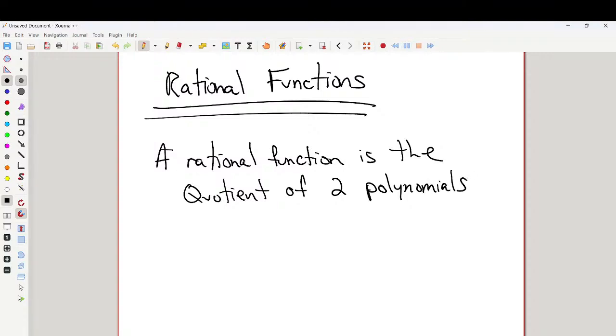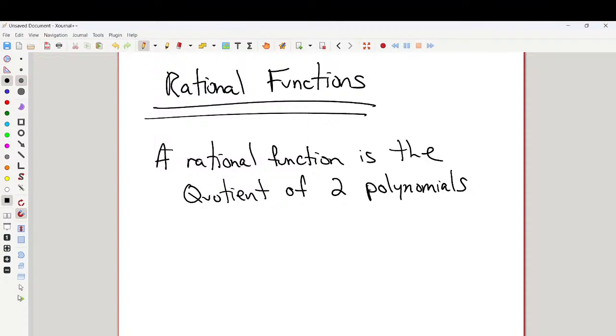Math is a language. It's full of vocabulary. I'm going to remind you, a polynomial means like y equals mx plus b. If it has a linear form, it's a polynomial. Or a quadratic form, so if you see an x squared, or it could be cubic, or fourth power.